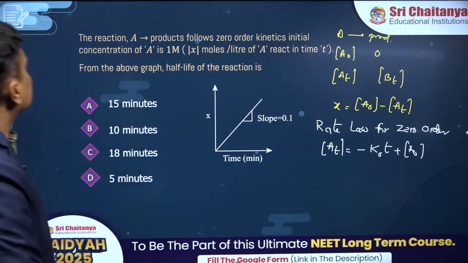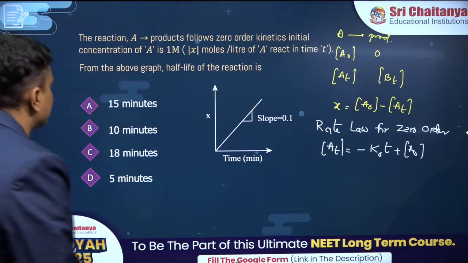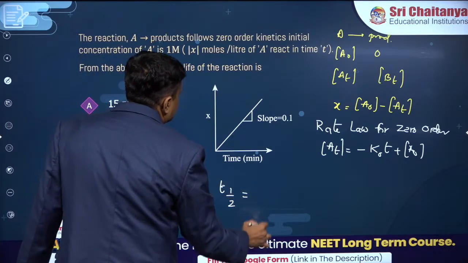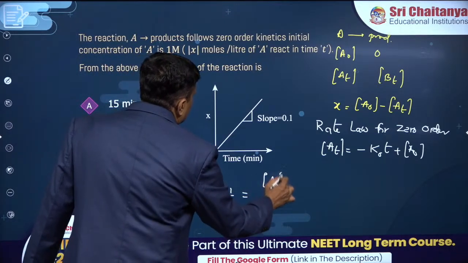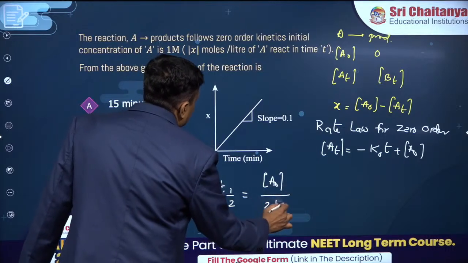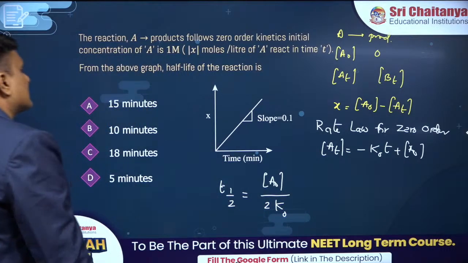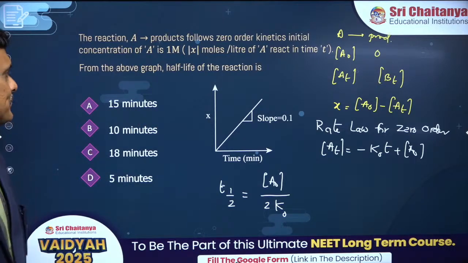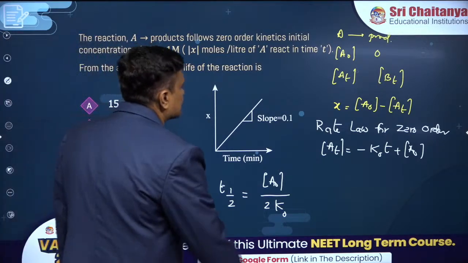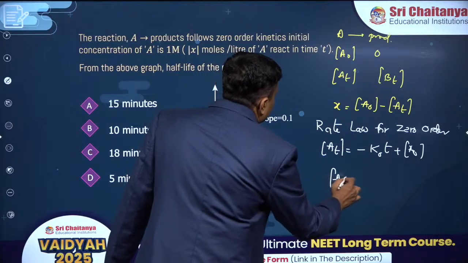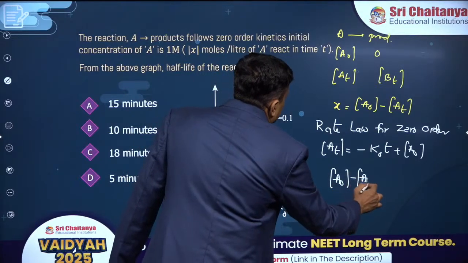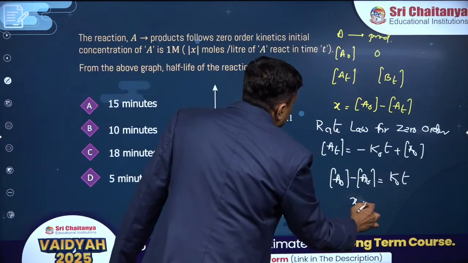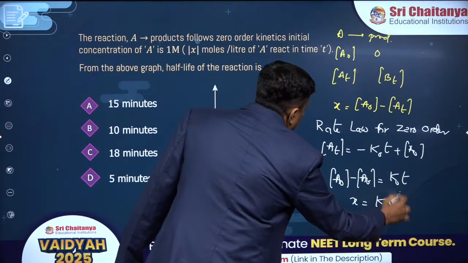So what is it that you need to find out here? Half-life of the reaction. T half for a zero order reaction is equal to A naught divided by 2 into k naught. However, you can see that you have been given the value of the slope. Now, because the graph is between, you can see A naught minus At is equal to k naught into t, that is x is equal to k naught into t.